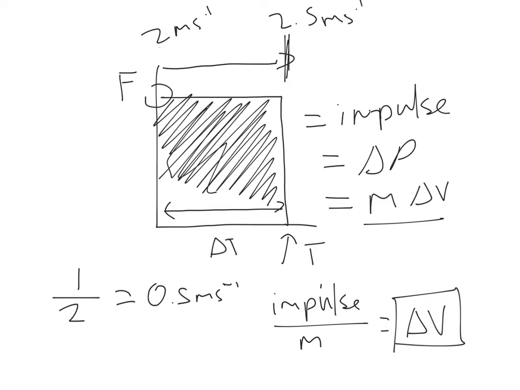Let's propose another scenario. Let's propose that instead of this force being an accelerating force, it is a decelerating force, a force that acts opposite to the direction of motion. Then over the course of that time, since the force has acted opposite, what we'd end up with is a final velocity of 1.5 meters per second.